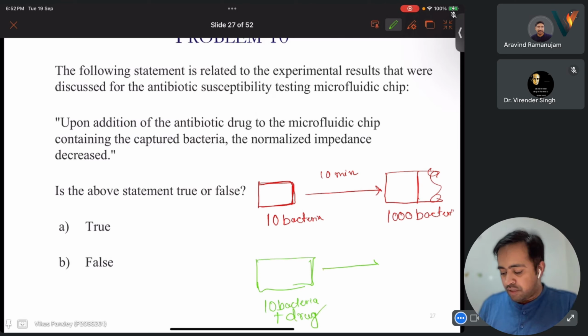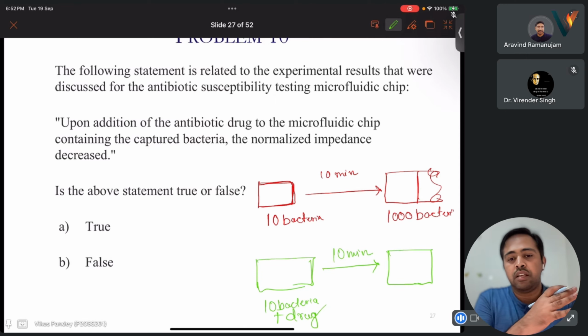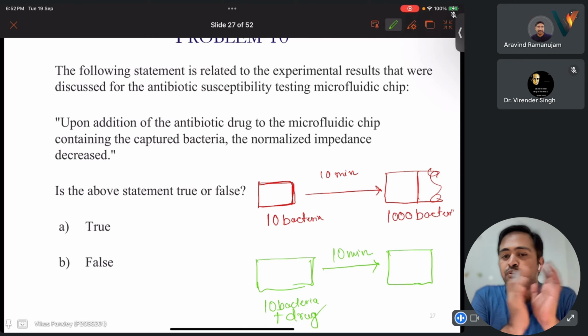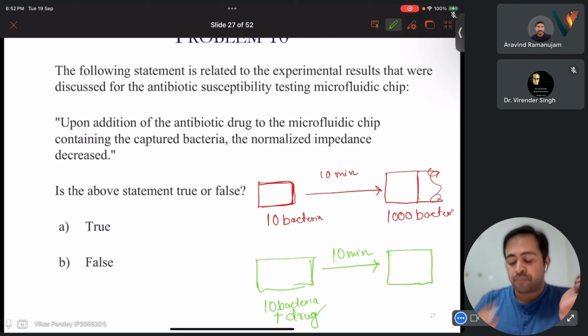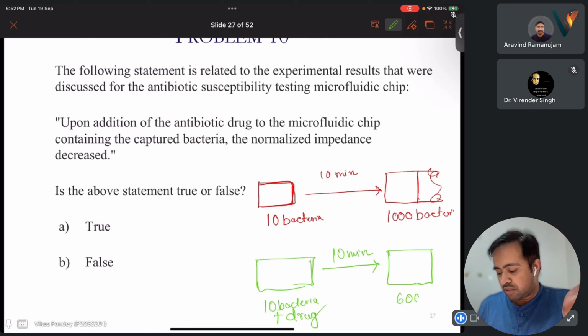After the same 10 minutes, ideally if all the bacteria were alive we would get 1,000 bacteria, but now we are getting 600 only.